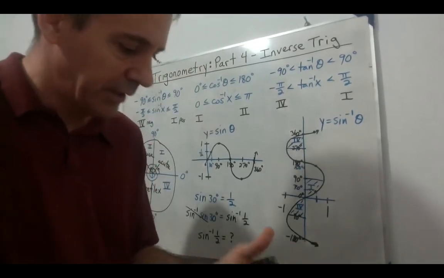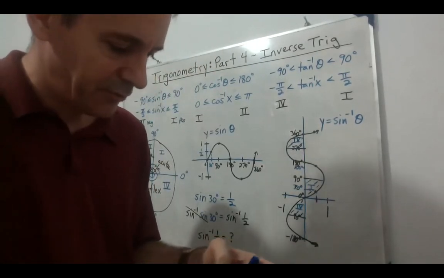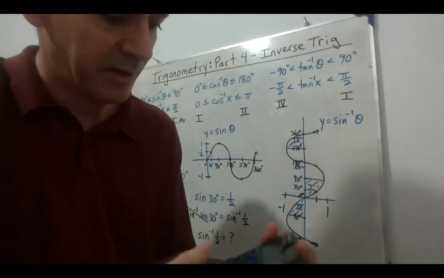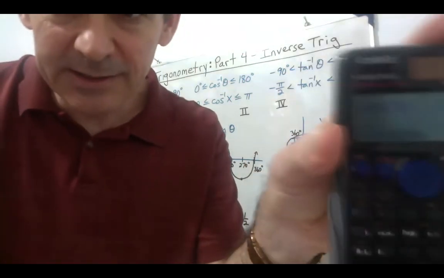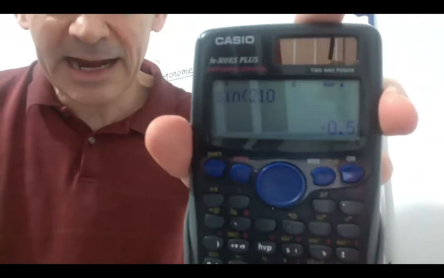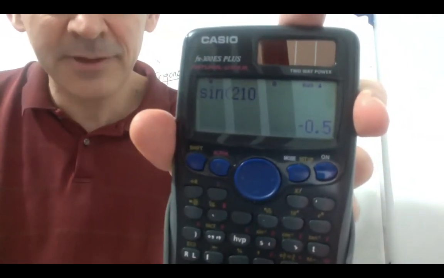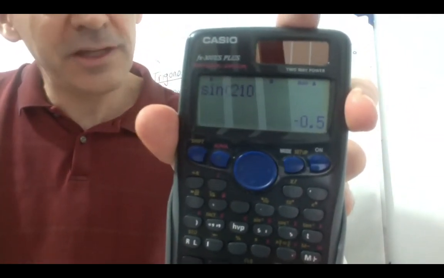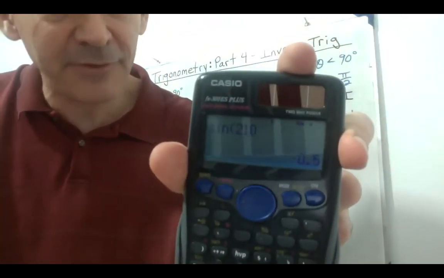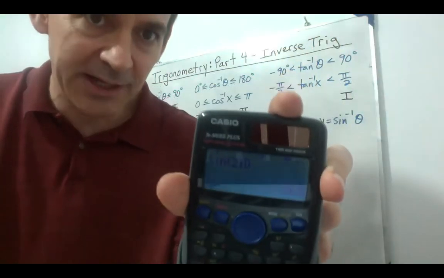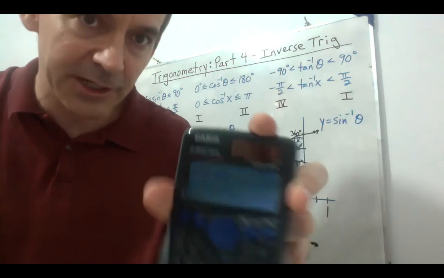So if you do sine of 210, you notice that you get -1/2. See the -1/2? But if you do the inverse of -1/2, it does not give you 210, it gives you -30.